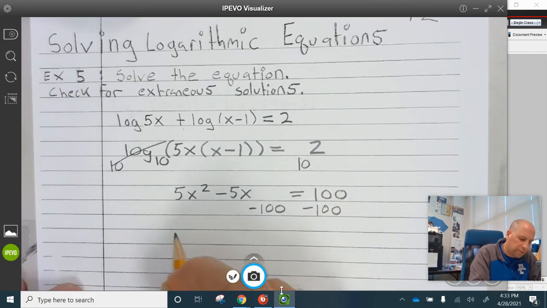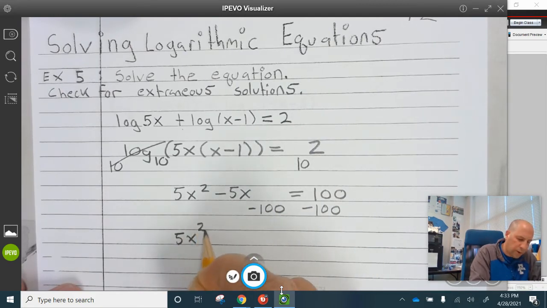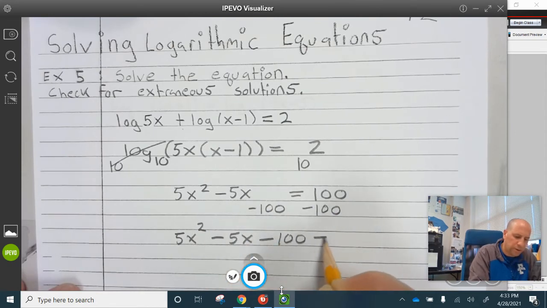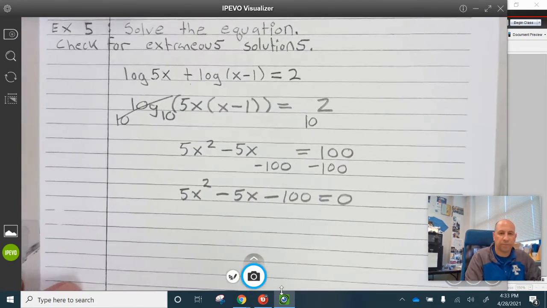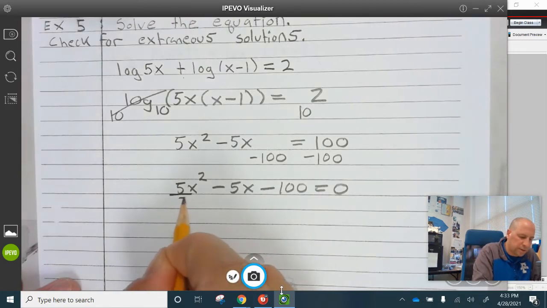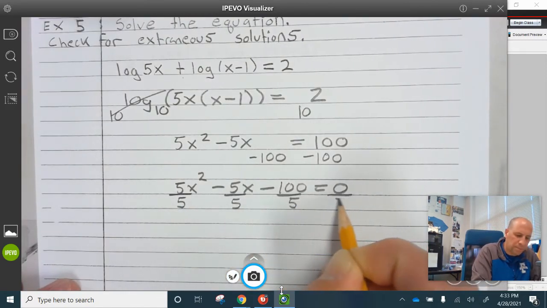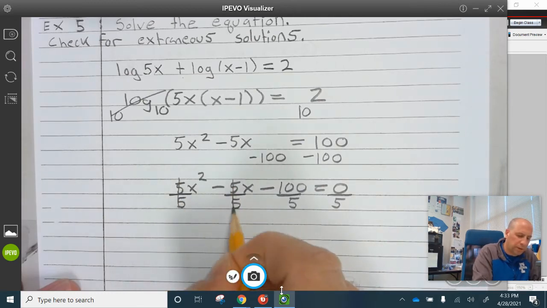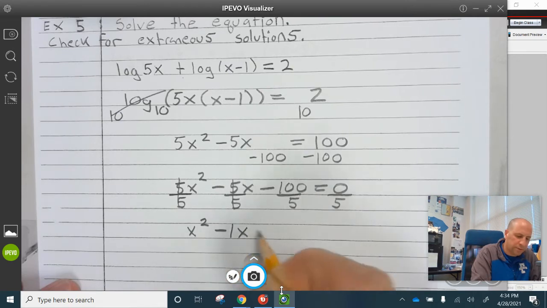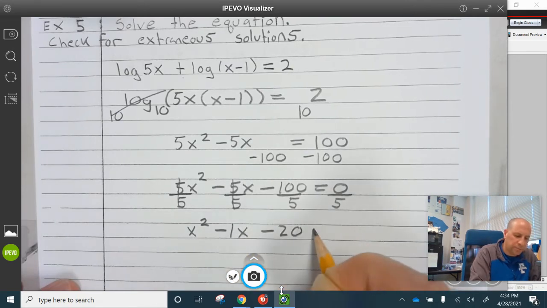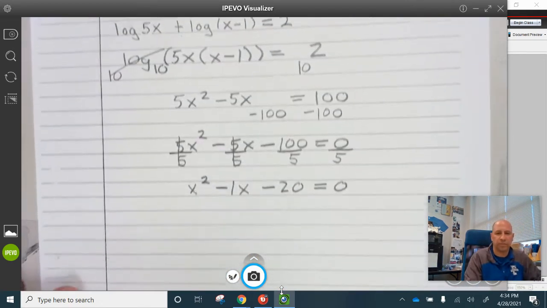You get 5x squared minus 5x minus 100 equals 0. Now we can divide everything by 5. That divides and becomes 1. That divides and becomes 1. So you're left with x squared minus 1x minus 20 equals 0.